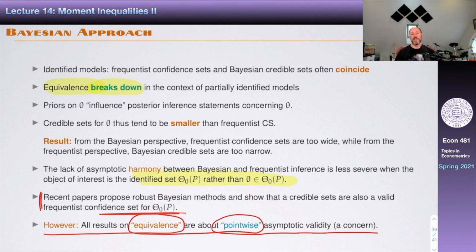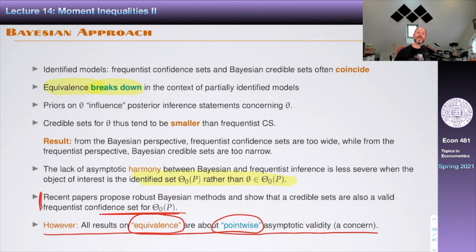So when you read a paper and it says, look, frequentist and Bayesian agree here, I will argue that's not the frequentist statement that I care about. I care about another type of confidence statement, and what you're looking at is a pointwise statement. If we restrict ourselves to frequentist methods and don't care about pointwise statements, it's unclear why you would care about a Bayesian approach if it's only pointwise.